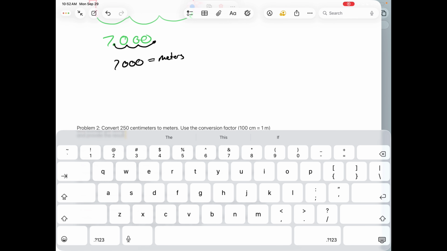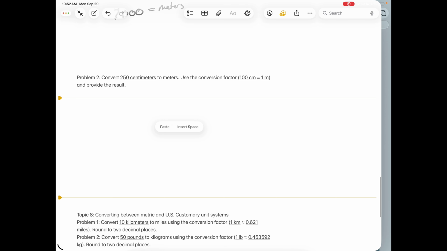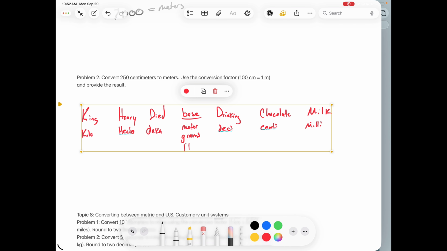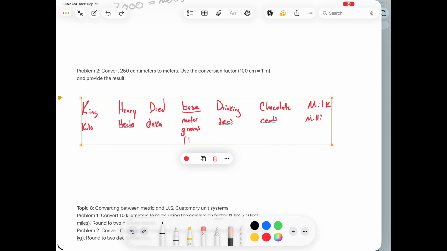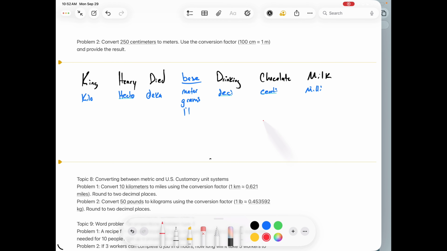So like on this one, I have 250 centimeters, so that goes under here. 250 centimeters, and I'm trying to go to meters. 1, 2. Okay?